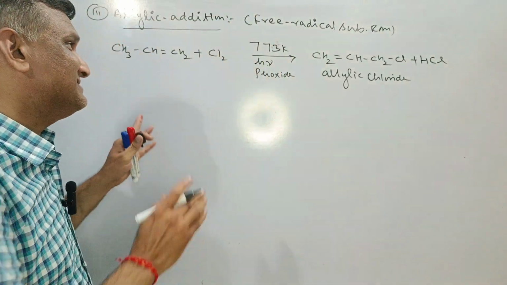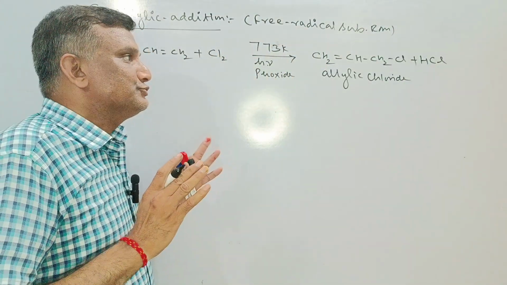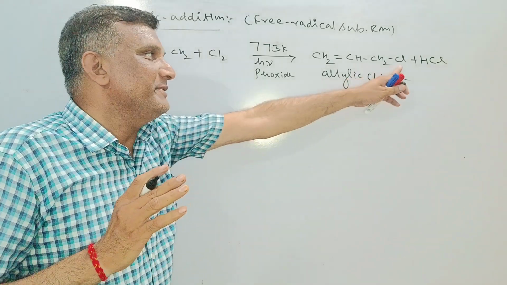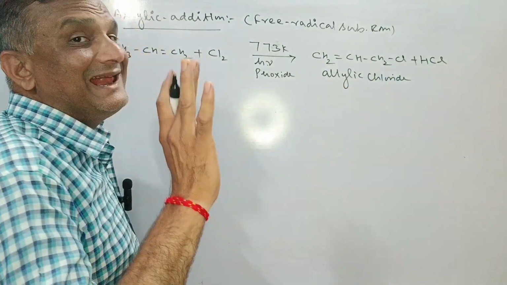Now this reaction can be used to form bromide derivatives also by using NBS.